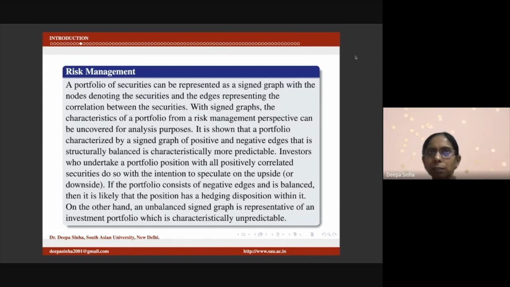Suppose you take cars, there are so many cars, and you see that a rise in the price of one car will affect the price of the other car.